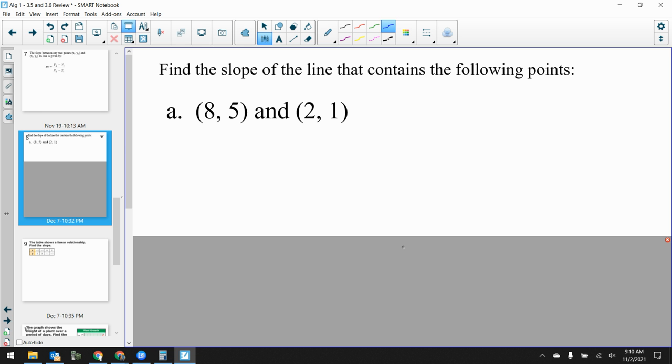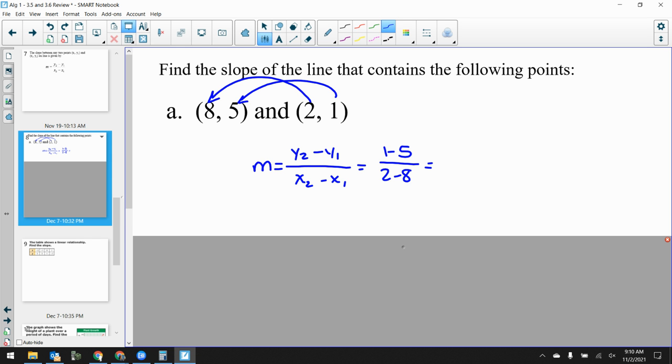All right, so let's find the slope. y2 minus y1 over x2 minus x1. So that means 1 minus 5 over 2 minus 8. 1 minus 5 is -4. 2 minus 8 is -6.